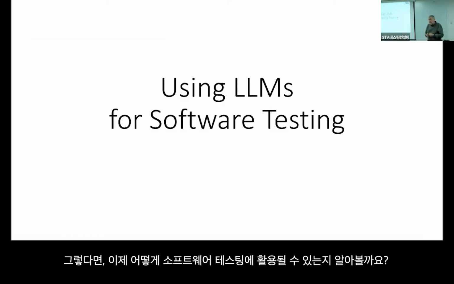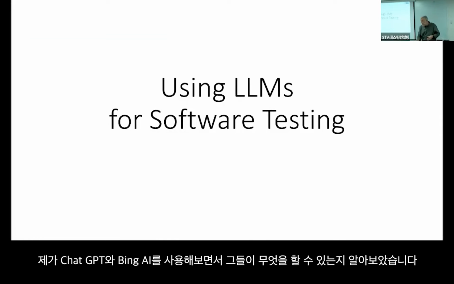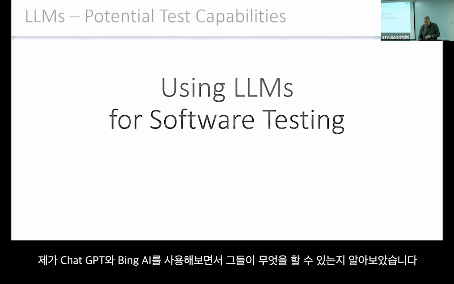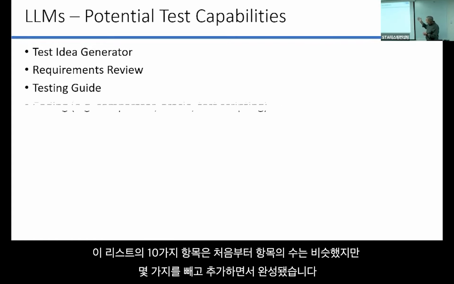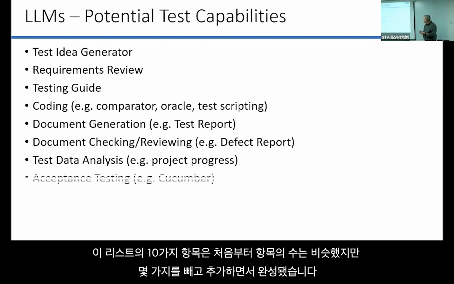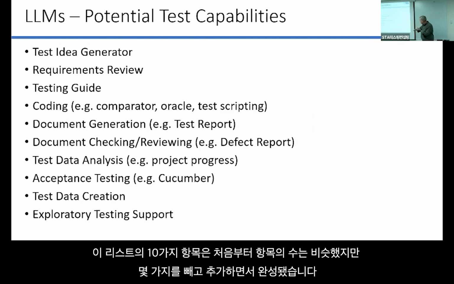Okay, so how can we use these for software testing? I played with ChatGPT and Bing AI for a while, and then tried to work out what it could do. So this list of 10 here is what I eventually came up with. It started about the same, but I took some off, added some on.